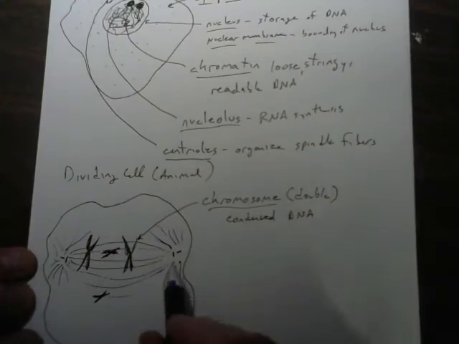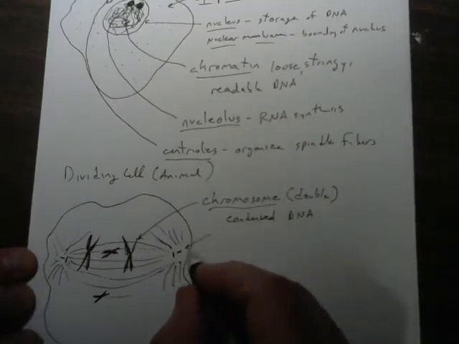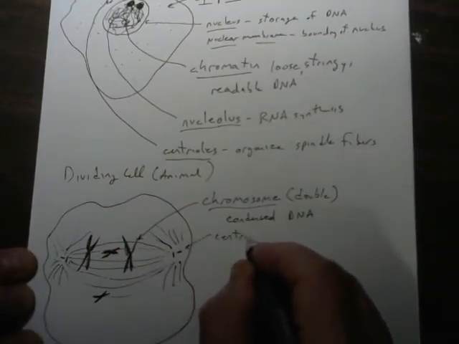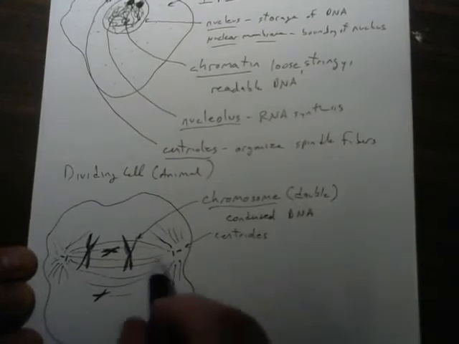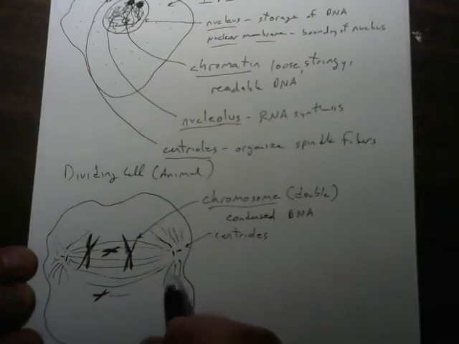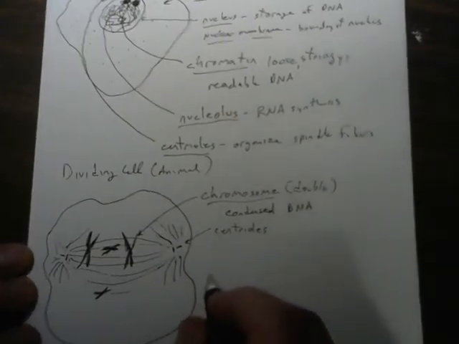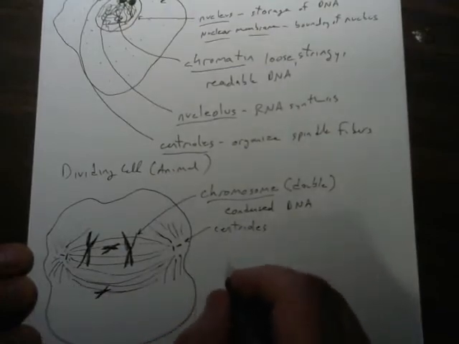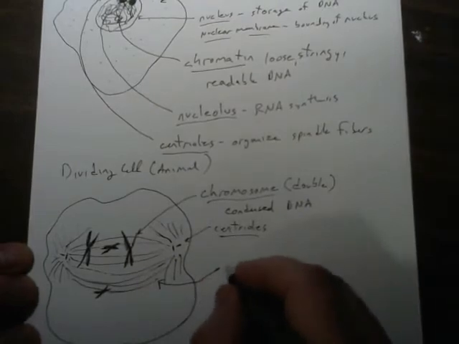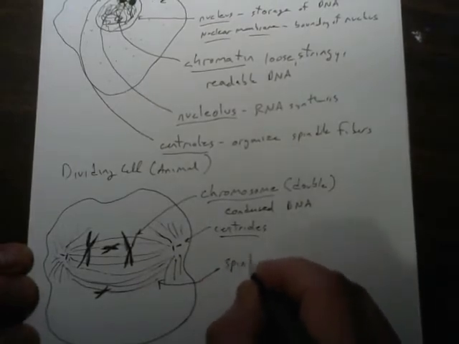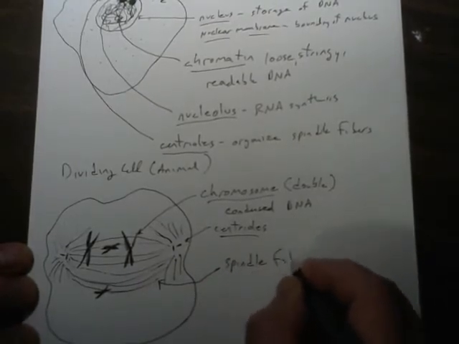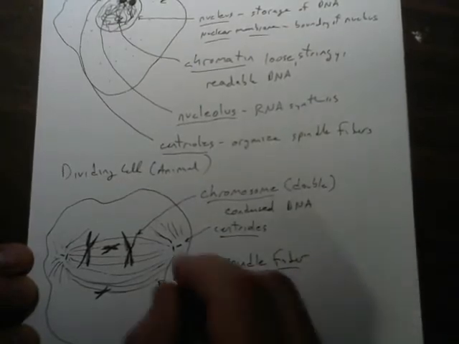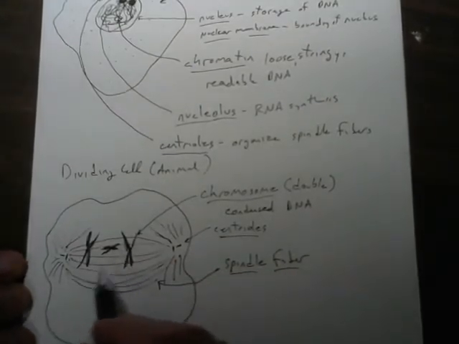Right. The centrioles here have moved. I learned these as asters. They look like flowers. But we don't need to know that. What we do need to recognize is that these are called spindle fibers. Right, the centrioles are organizing these spindle fibers. Now, the spindle fibers are going to provide a mechanism to move the chromosomes.